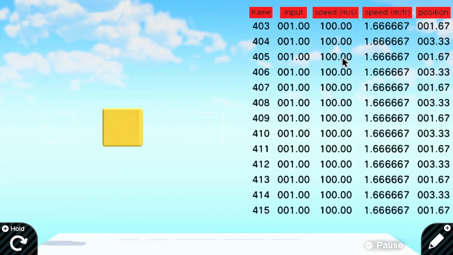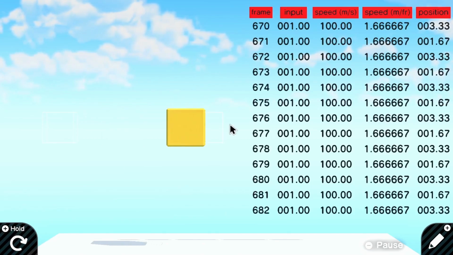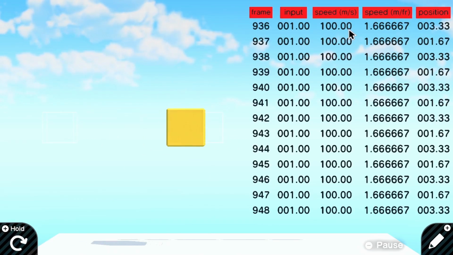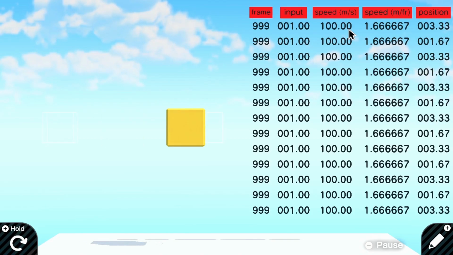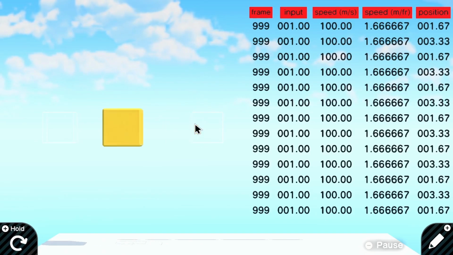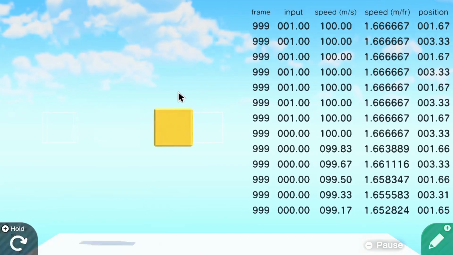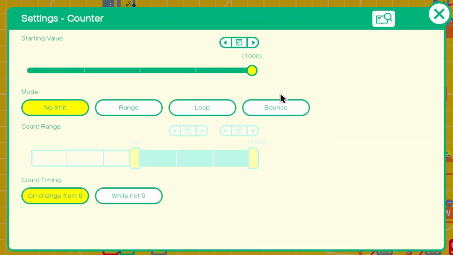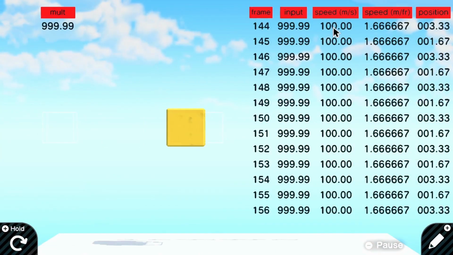So in Game Builder Garage, every object in the game has a speed limit of 100 meters per second. No object can physically go beyond 100 meters per second. Like here, we have a moving object that we're trying to accelerate beyond it, but it's limited to that. Even if we change the input of the moving object, like even suddenly increase it to 1,000, it's still stuck at 100 meters per second.